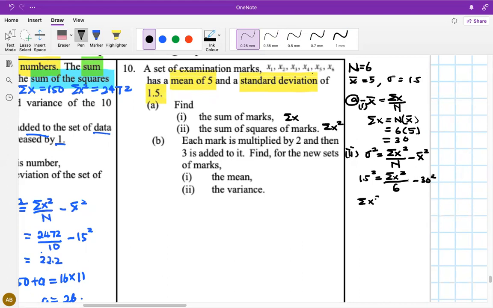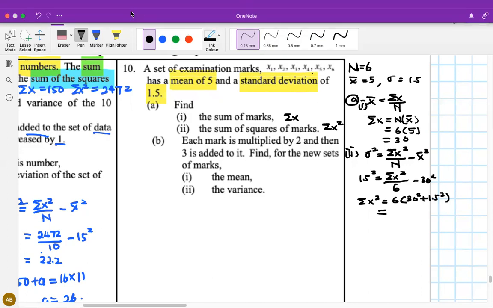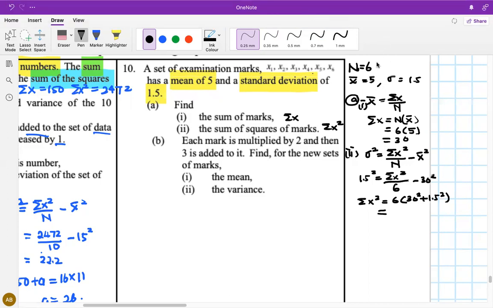Therefore the sum of x squared is equivalent to 6 times 30 squared plus 1.5 squared.